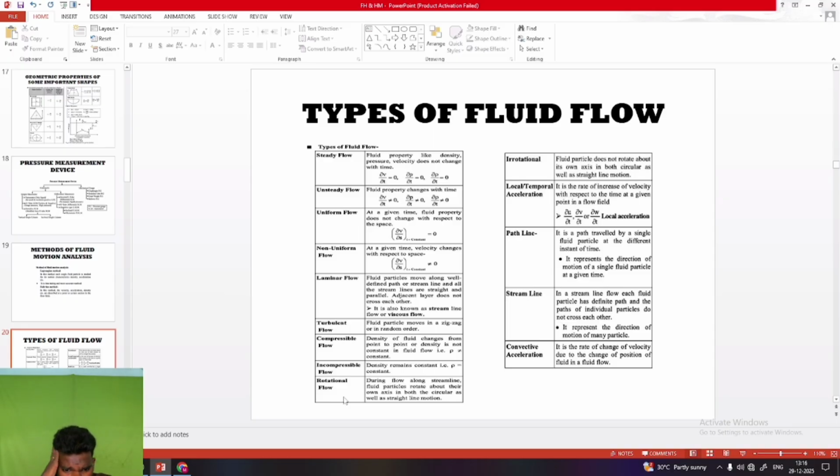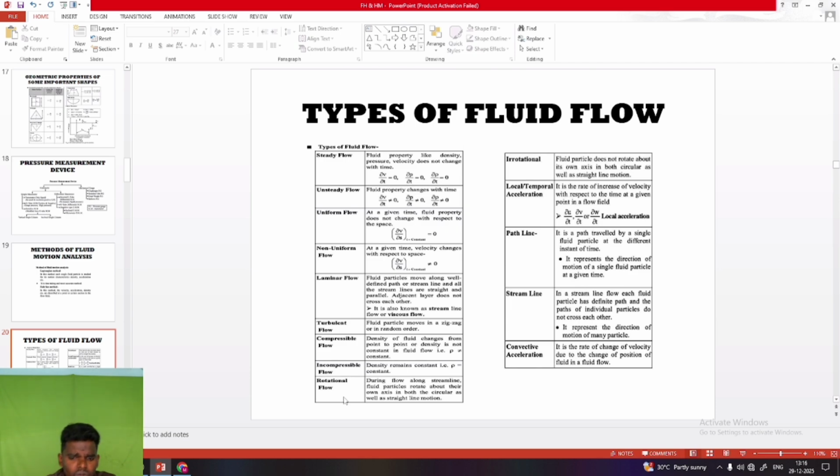Turbulent flow: fluid particles move in a zigzag or random order. Compressible flow: the density of the fluid changes from point to point, or density is not constant in the fluid flow. Incompressible flow: density remains constant.